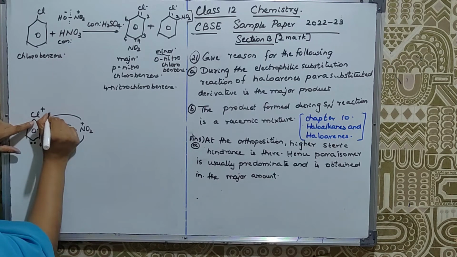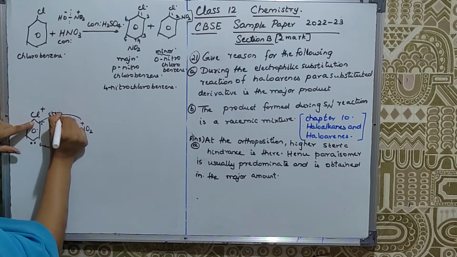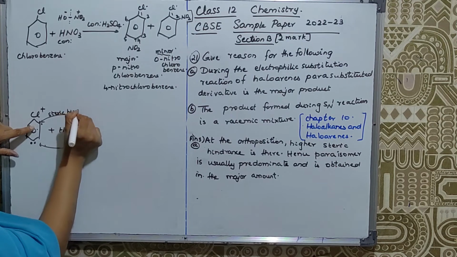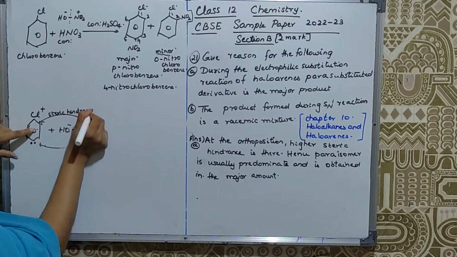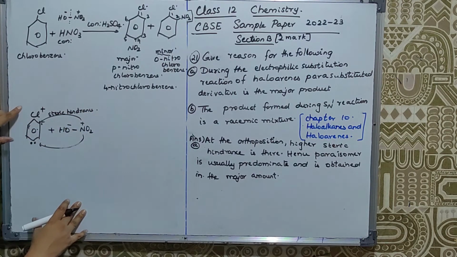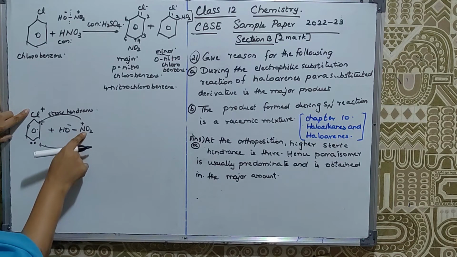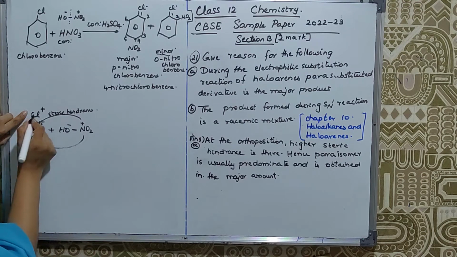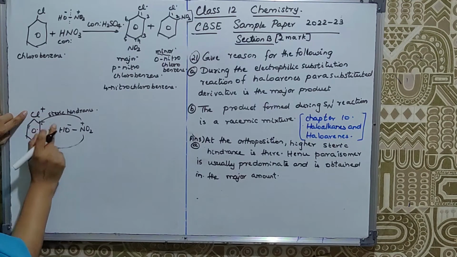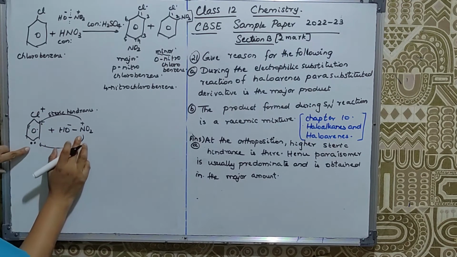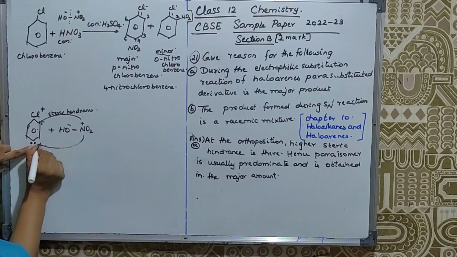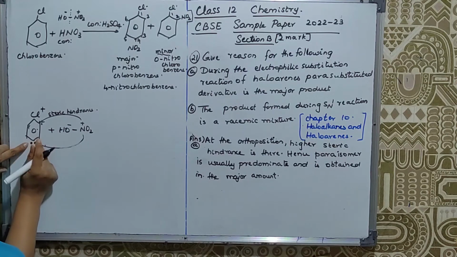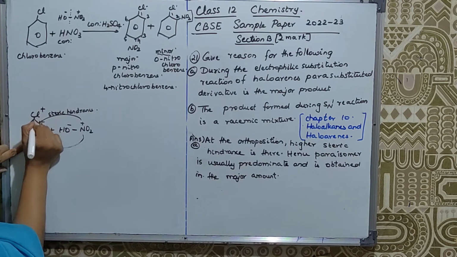But the steric hindrance is greater in the case of the ortho position. Steric hindrance means the force of repulsion between the positively charged nitro group, the electrophile, and the positively charged chlorine. That will be greater in the ortho position.